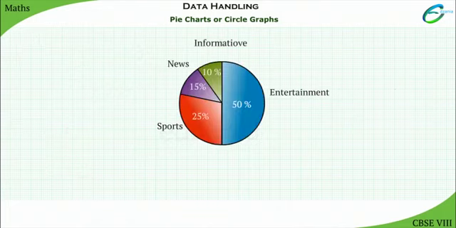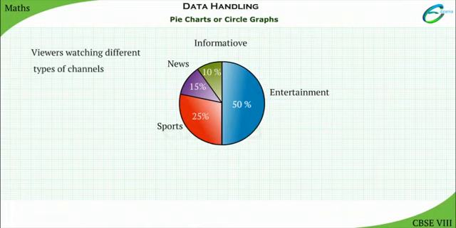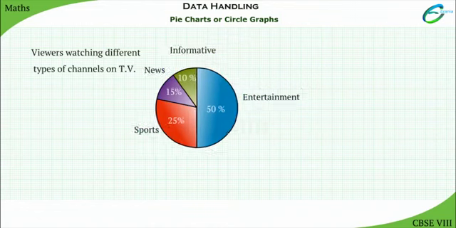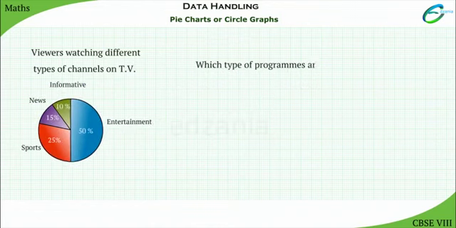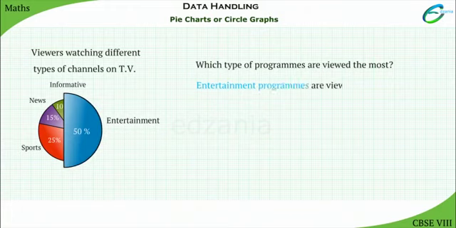Now let us consider one more example. Here we have a pie chart representing the data of viewers watching different types of channels on TV. Observe the percentages of viewers watching different types of channels. Which type of programs are viewed the most? Entertainment programs are viewed the most.